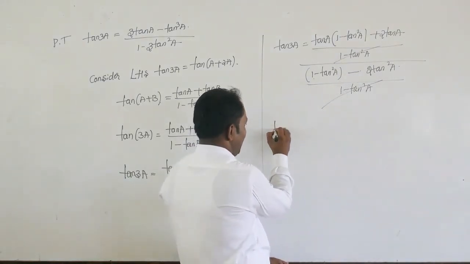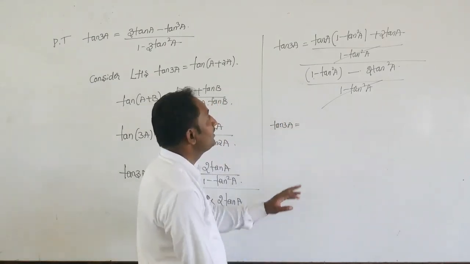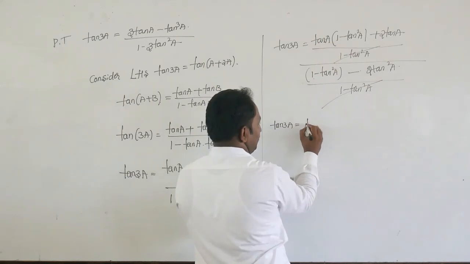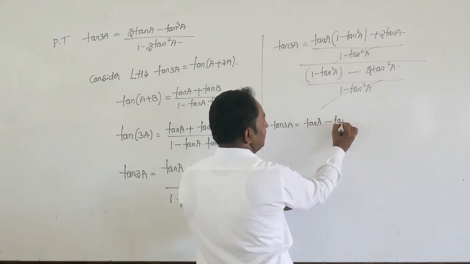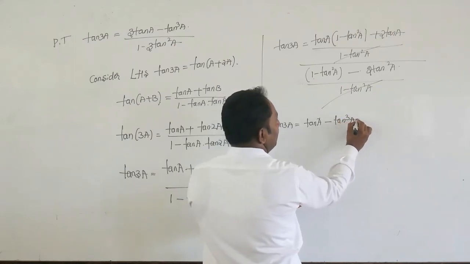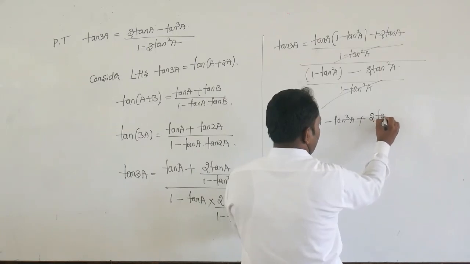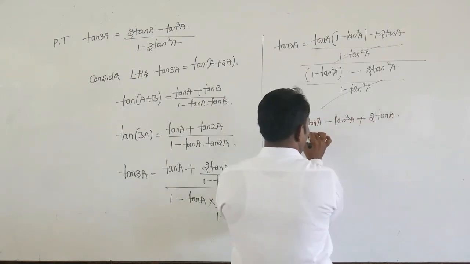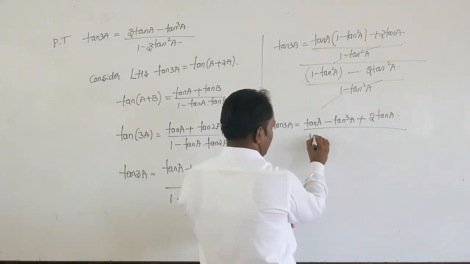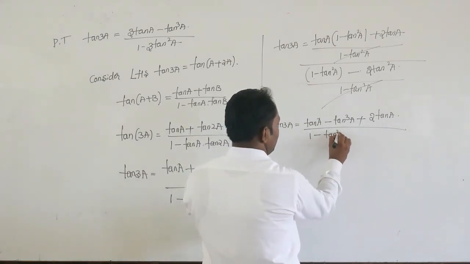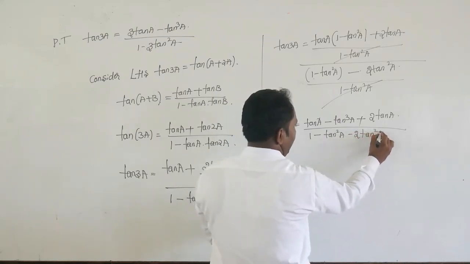Here tan of 3A is equal to tan A into 1, which is tan A, minus tan cube A plus 2 tan A, whole divided by 1 minus tan square A minus 2 tan square A.